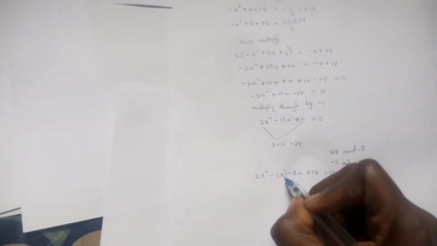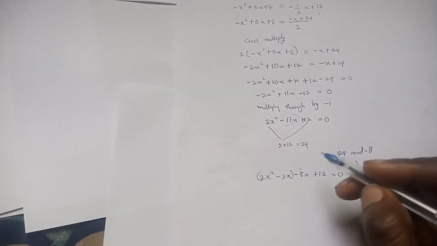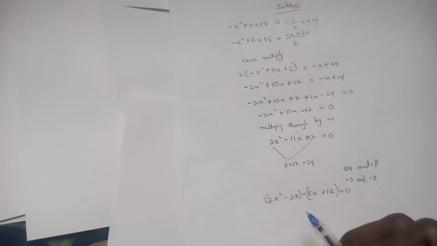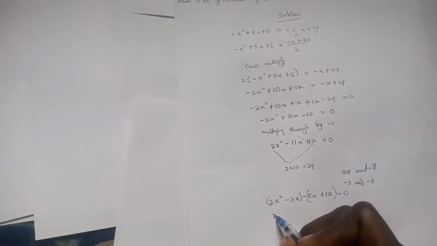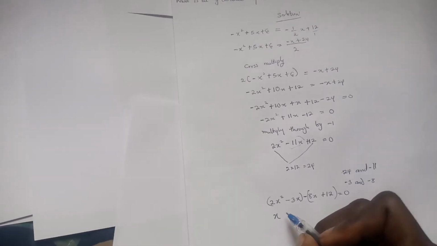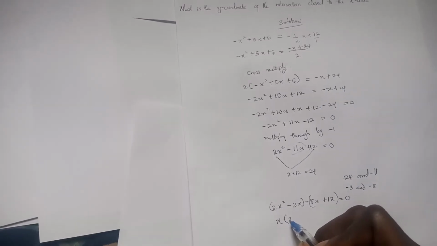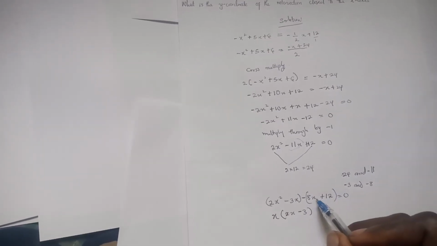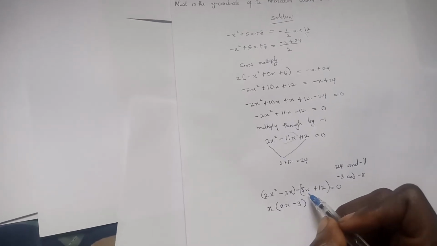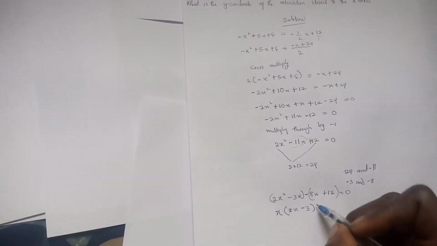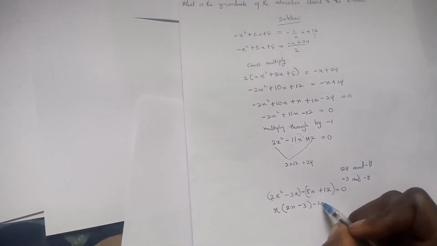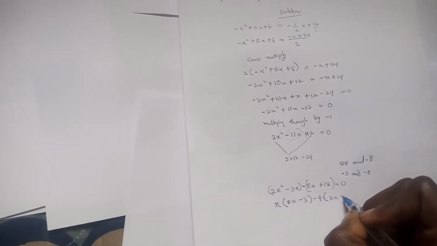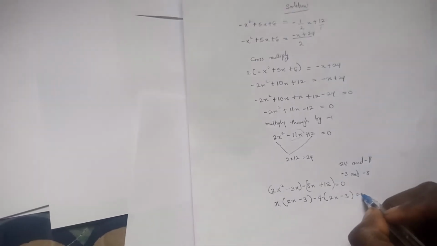So let's factorize this out. What is common to both sides here? x. So we are left with 2x minus 3. Now, what is common to both sides? 4 can go in 8, 4 can go in 12. So minus 4, that's 2x minus 3, which equals to 0.